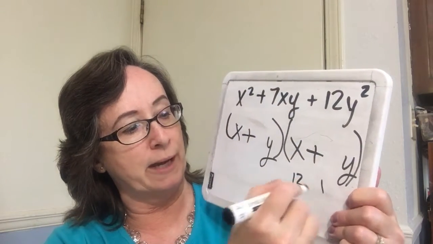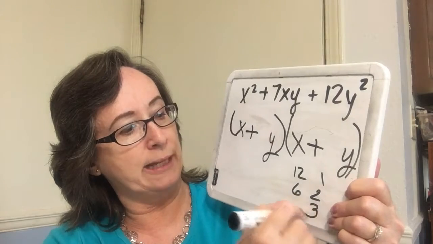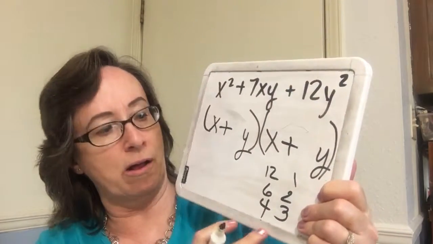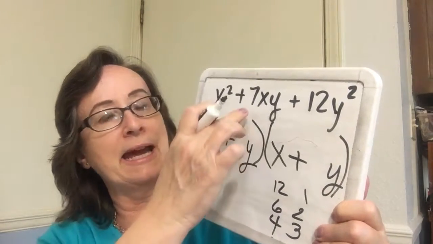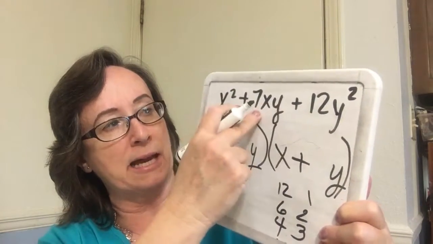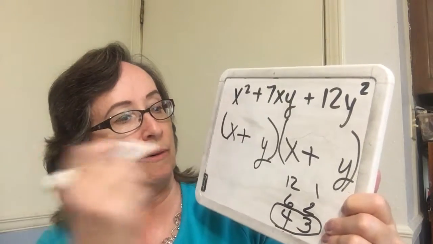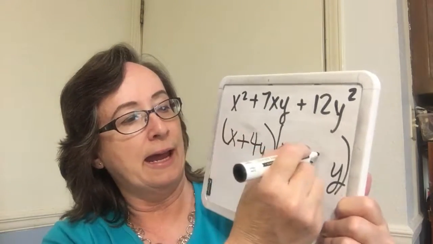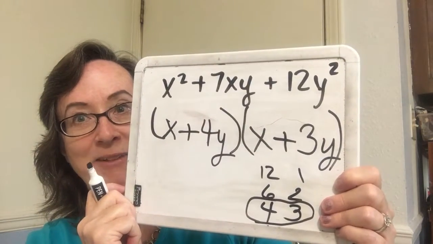So 12, 1, 2, 6, 3, 4. So those are all the numbers that have a product of 12. And then I am adding, because of the same sign, adding to 7. So I will pick the 4 and the 3. And when I FOIL that back together, I have it factored correctly.